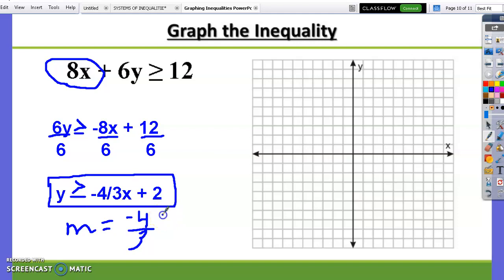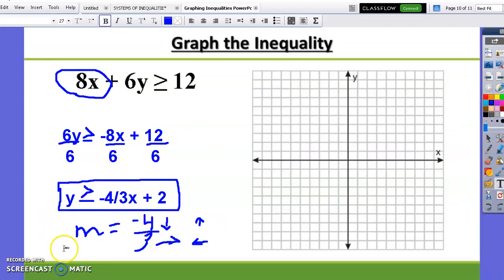and a negative on the top means you go down. On the bottom, you're going to go right. Or you could do the opposite. You could go up and to the left. My b, or my y-intercept, is 2.